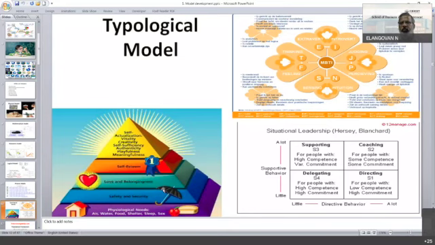So what is a typological model? The best example, you can look at the personality model. In personality, there is the Myers-Briggs MBTI. It's a kind of a model which types people, and it gives 4 letters to the personality type of a person. So we are trying to categorize or classify a person into one type of personality.